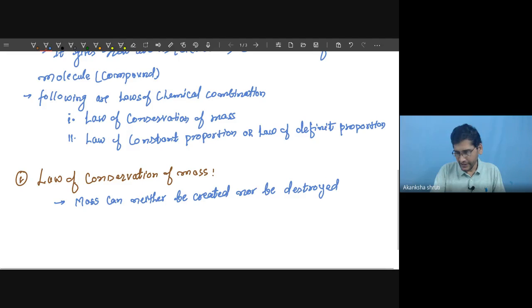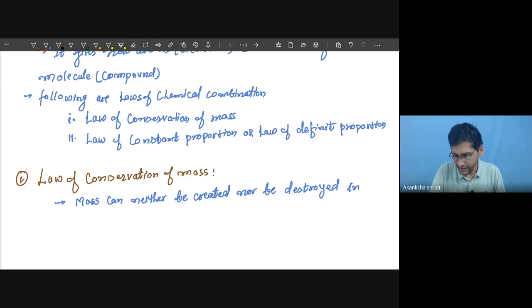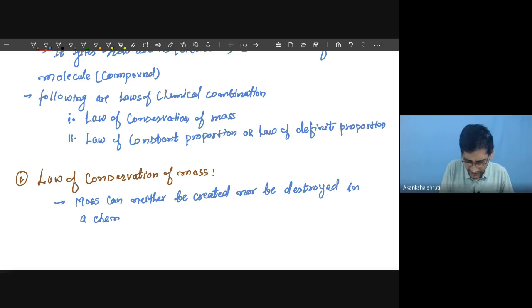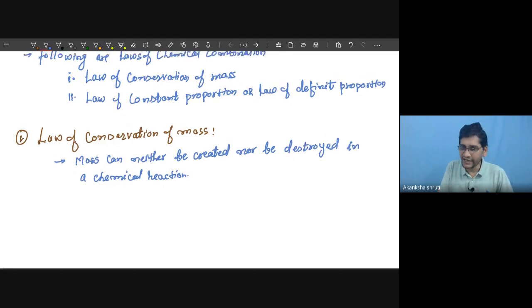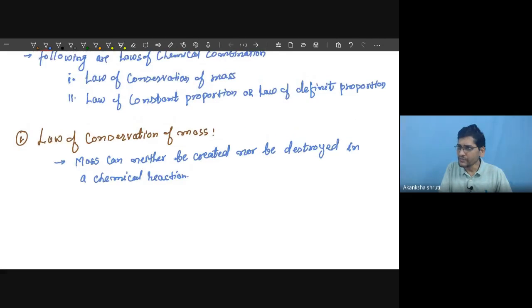In a chemical reaction. So it is talking about during a chemical reaction. It means if we consider a chemical reaction, then the total mass always remains the same. So how is the chemical reaction?